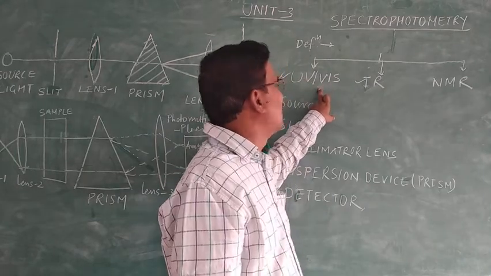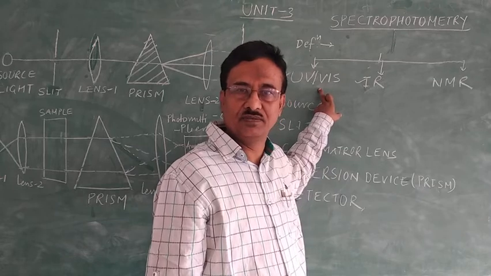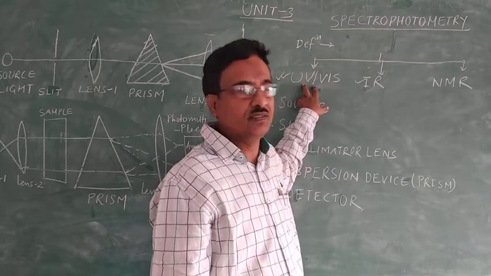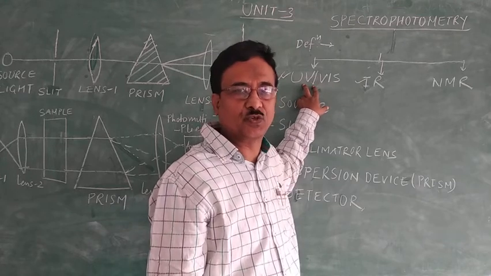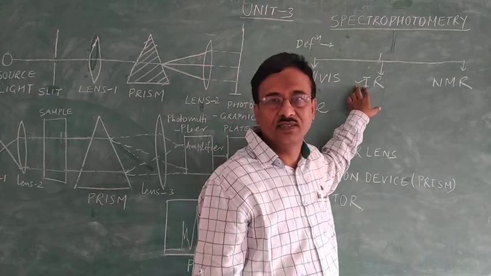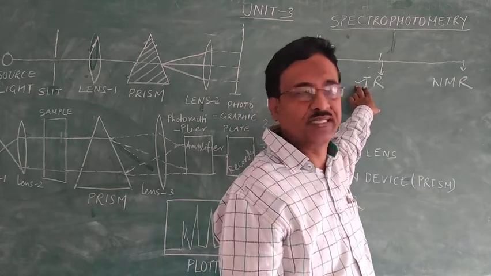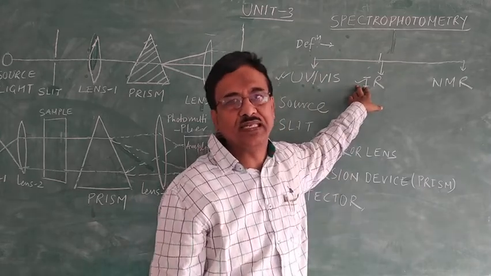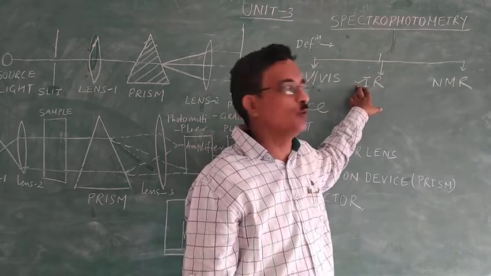First, of an unknown organic compound, we can detect the types of bond through a UV visible spectrophotometer. Second, through an IR spectrophotometer, we can determine the groups, mainly types of functional group.